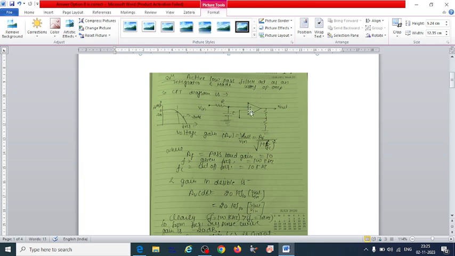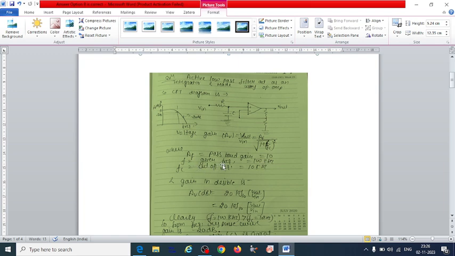So the circuit diagram for integrator is like this, and the voltage gain is given by this equation, V output by V input. So here AF is what? Pass band gain, that is equal to 10.